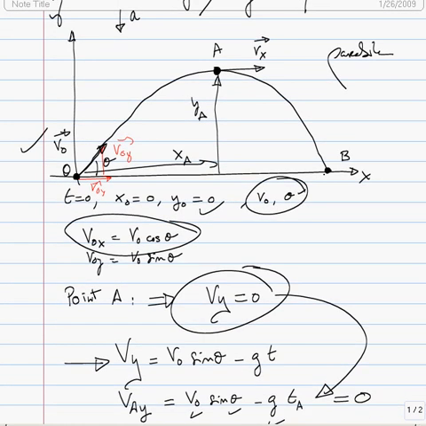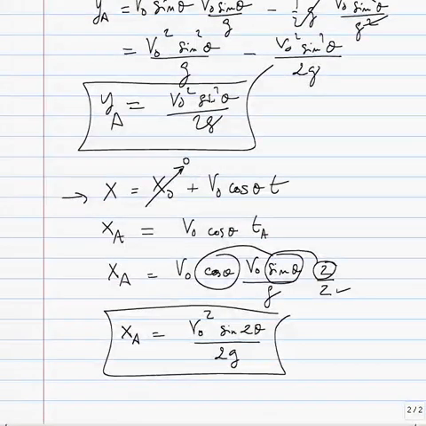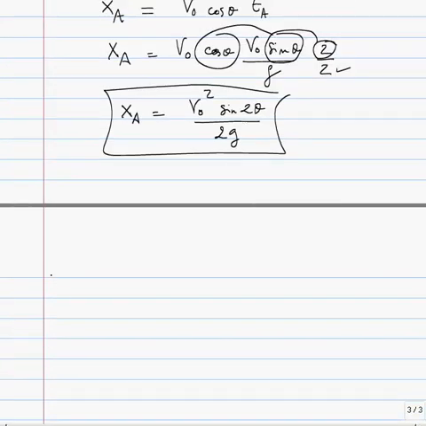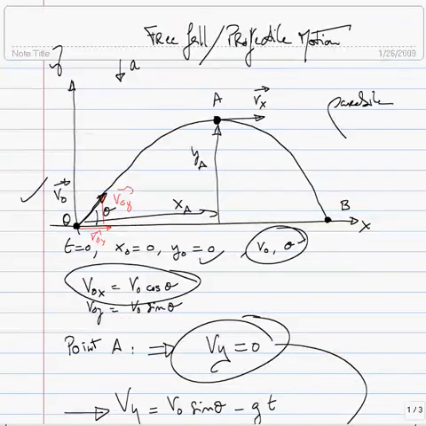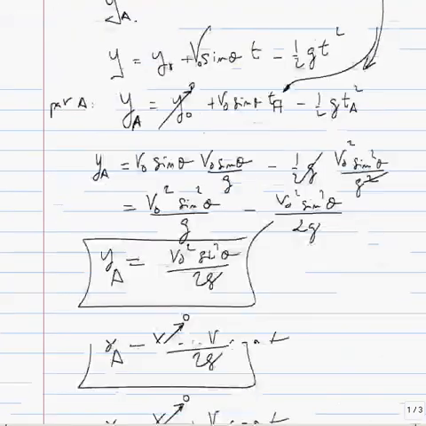Okay, let's look at point B. Well, what's interesting about point B? Point B is right there, and in this particular example, it's at the same level as my initial position. So in this particular coordinate system that I chose, the y component of B is obviously 0. Let's use that as a condition. Let's pick the equation that involves yb.